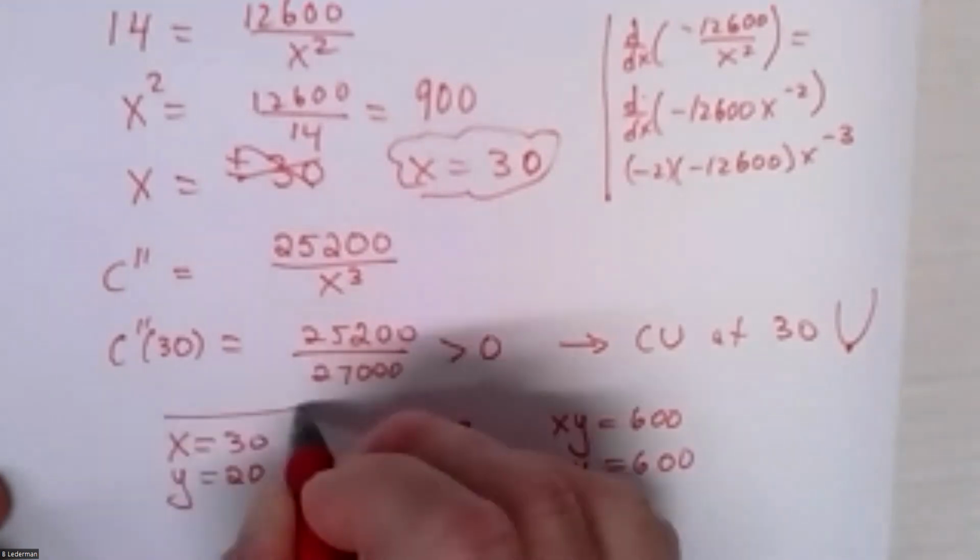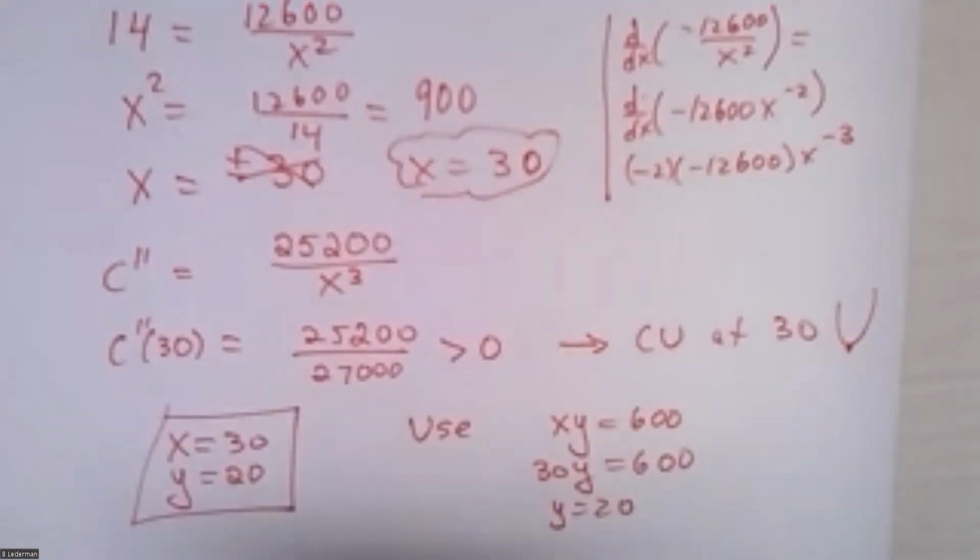That's my answer: x is 30 and y is 20, and those are the dimensions. So the dimensions here are going to be a 20 by 30 rectangle.